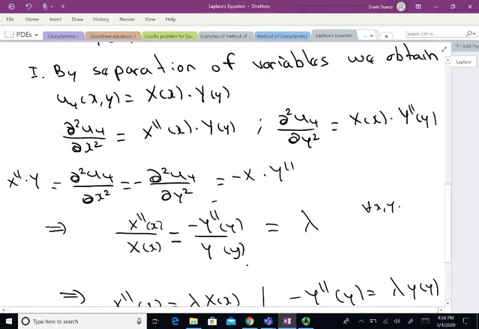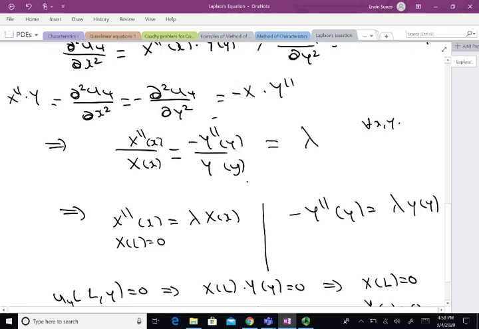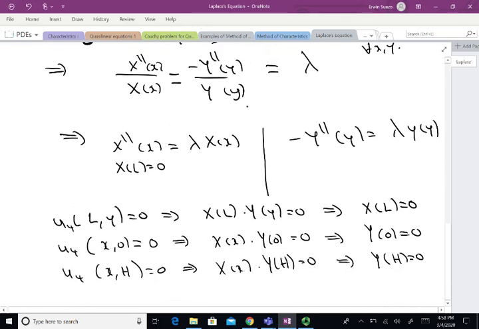So now we go for the conditions. We have u(L, y) equals 0, u(x, 0) equals 0, u(x, h) equals 0. When we plug in, u(L, y) equals 0 gives X of L times Y of y equals 0 for all y, so that implies X of L equals 0.